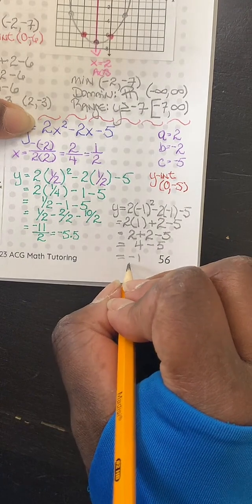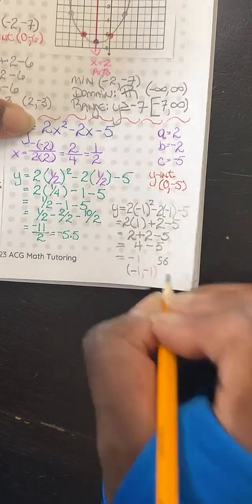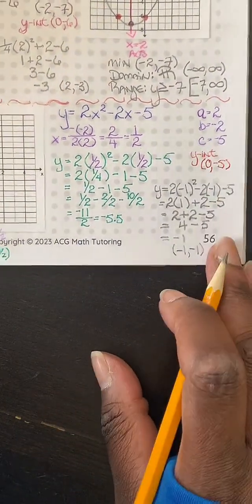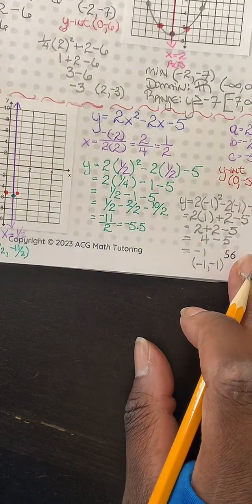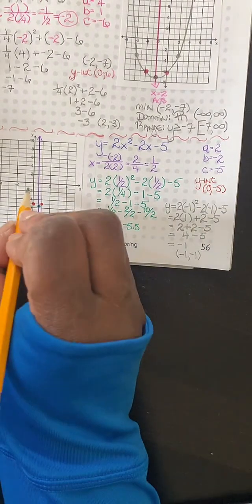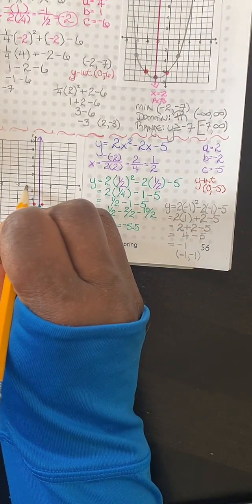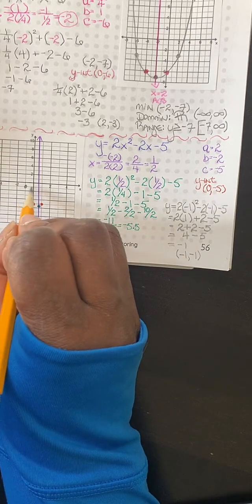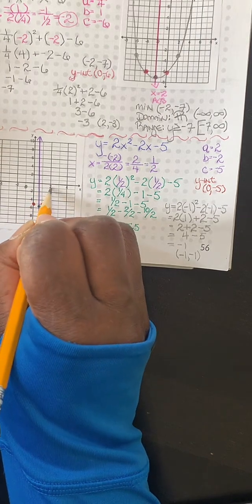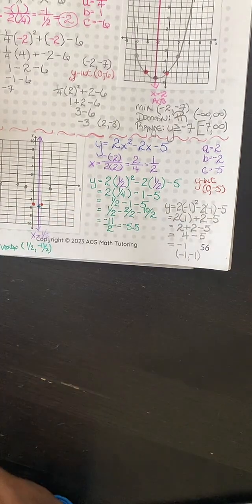So the other point that we're looking at is -1, -1. Let me unzoom just a hair. Sorry. Okay, so here's my -1. Here's my -1. We got a point right here. And that is 1.5 away. So here's my half and here's my 1 here, which gives me at 2, -1.